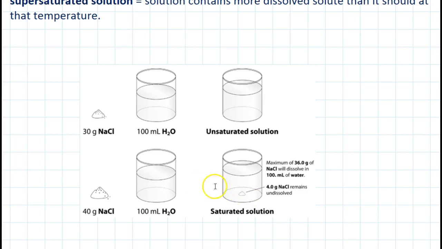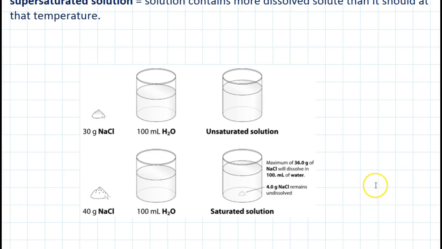We have some crystallization happening at the same rate though, so that 4 gram number remains constant. So this is an unsaturated solution because we could throw more in there. This is saturated because we couldn't, and the evidence is that we have some solid sitting at the bottom, and no matter how much I stir it, that 4 grams is going to remain there at the bottom.